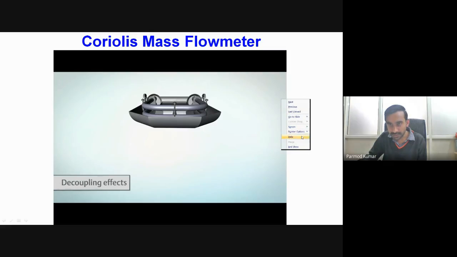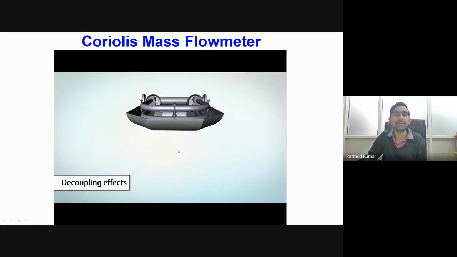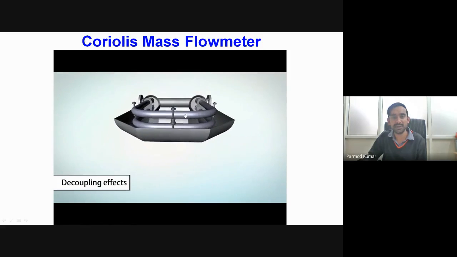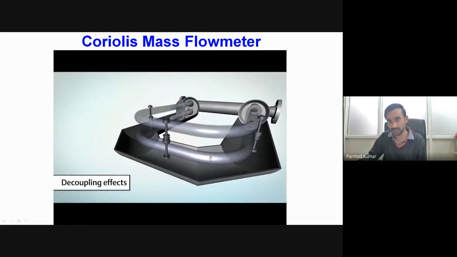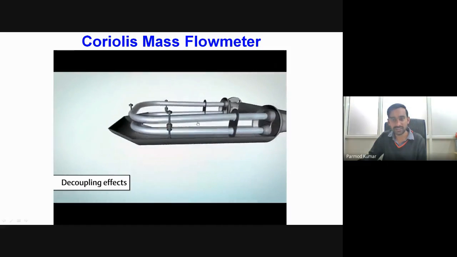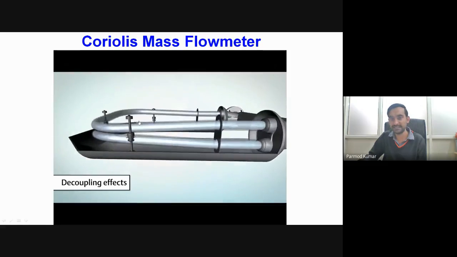Now I'll play this animation. You can see this is a twin U-tube type structure, and it is subjected to oscillations. While it is oscillating, fluid is also flowing inside these tubes.